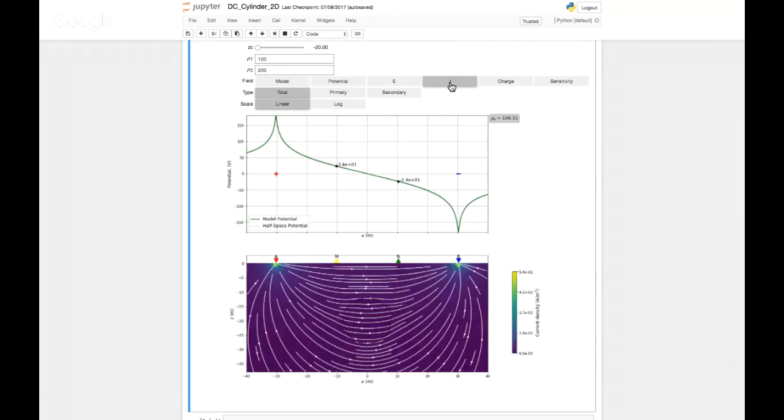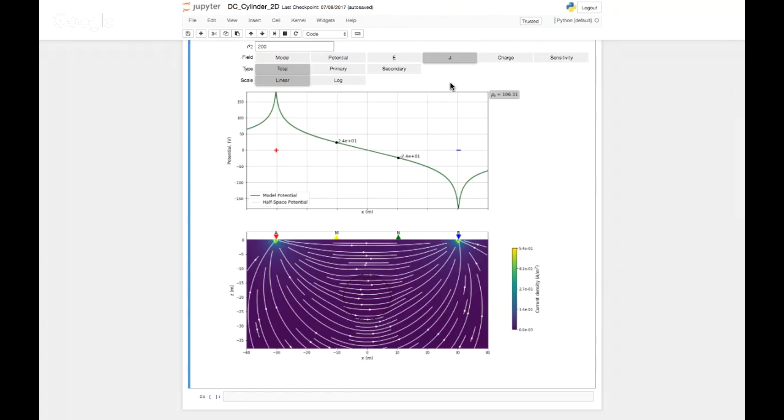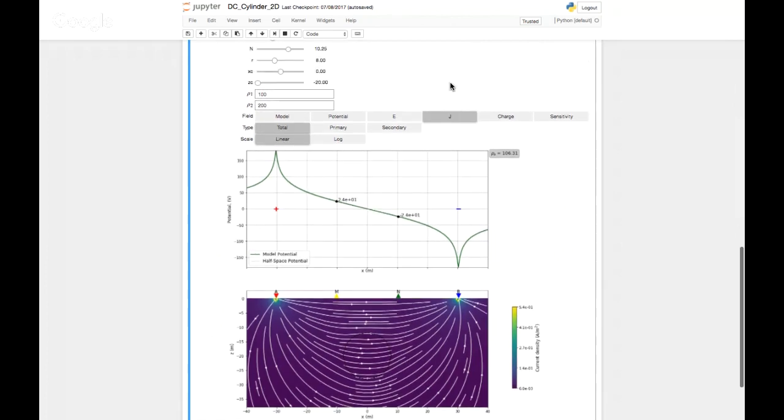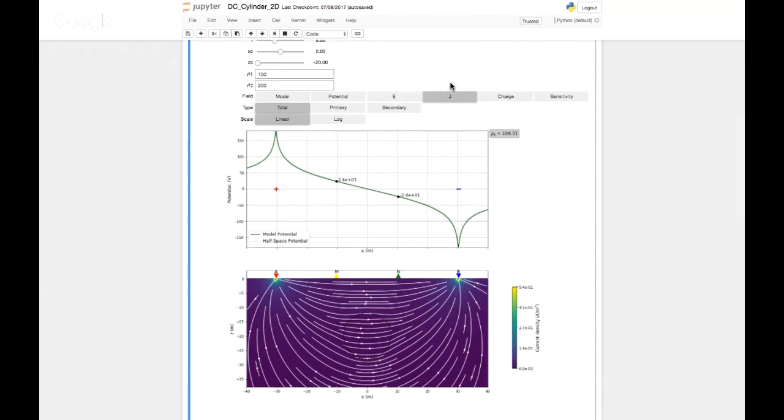So if I do that, there are my currents. It's a bit of a resistor. It's not a very big one, but there are definitely some variations of the current lines in through here. So it's kind of deflecting a bit around.